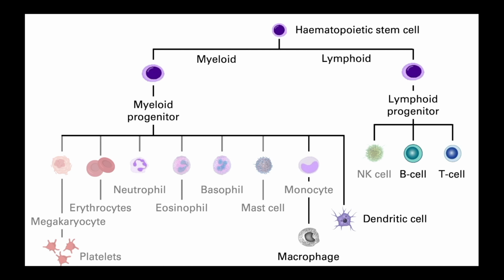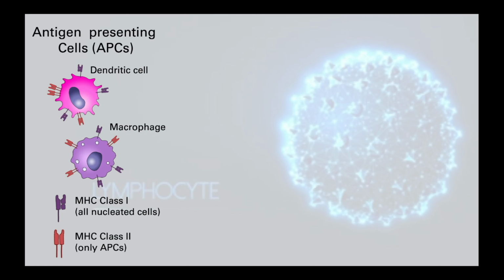Macrophages are part of the innate immune system, but also help link to the adaptive response, as like dendritic cells, they are able to process antigens and present them on their surface, so they belong to a class of cells called antigen-presenting cells.